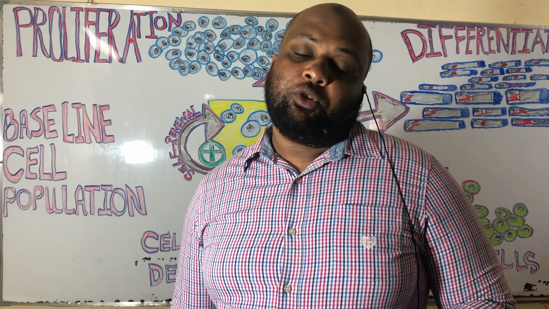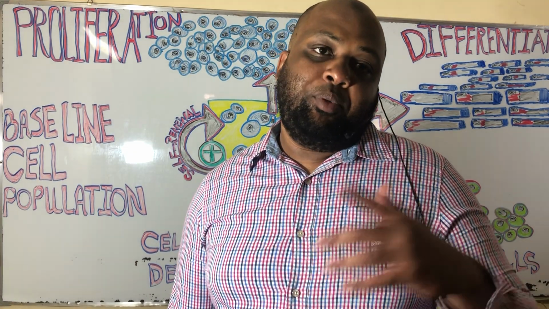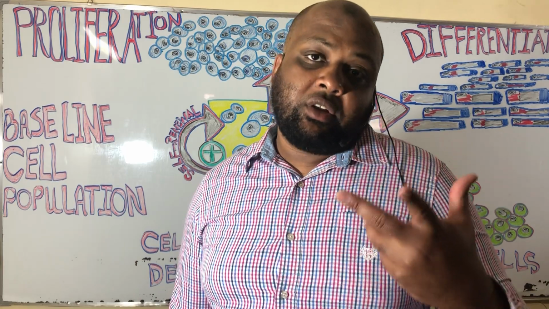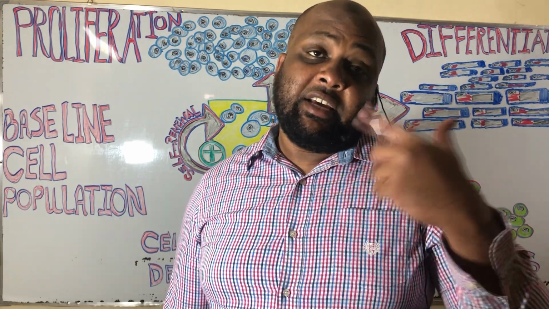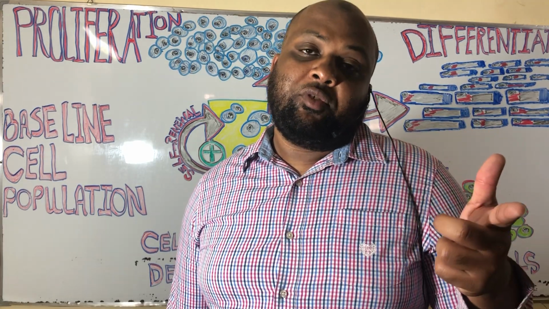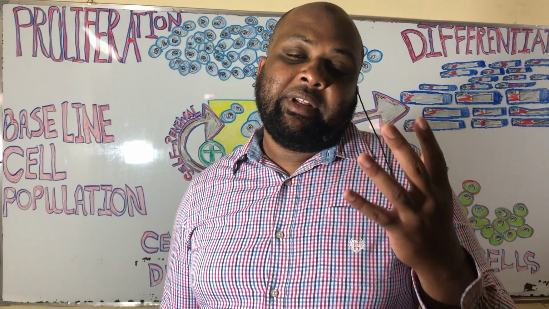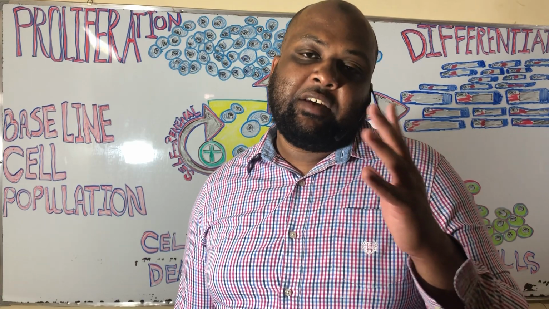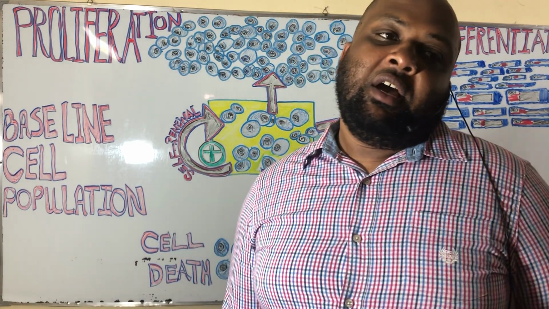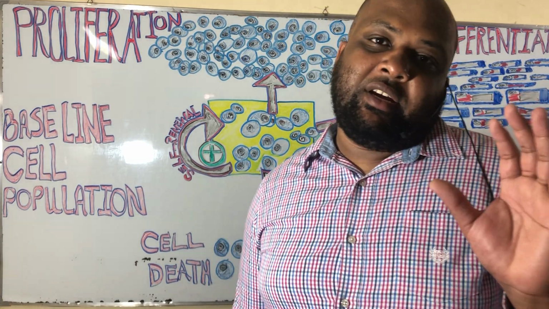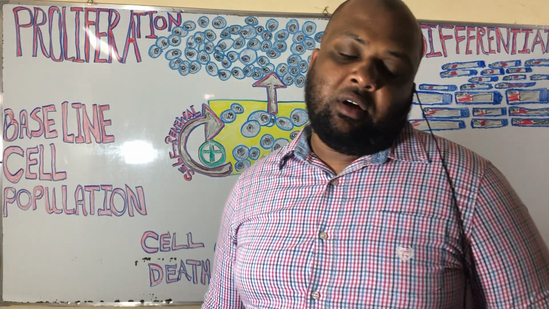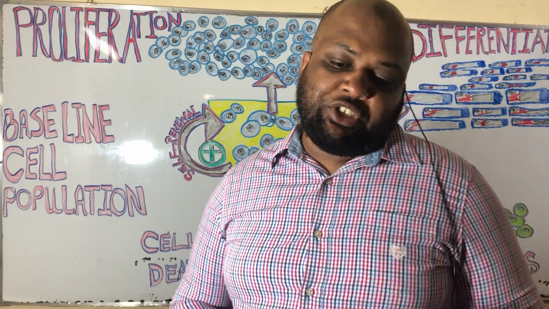Okay, and we talked about the different types of stem cells. We have pluripotent stem cells. They are adult stem cells. They are not embryonic stem cells. These adult stem cells can differentiate and proliferate, but they can only give us so much. They give us just an exclusive and restricted potential for tissues.